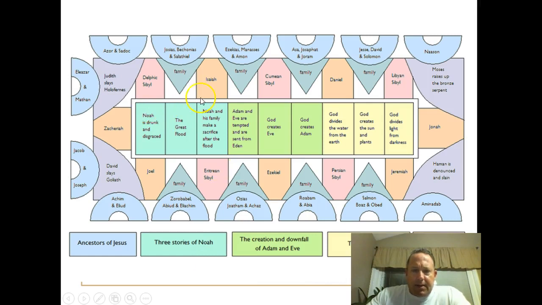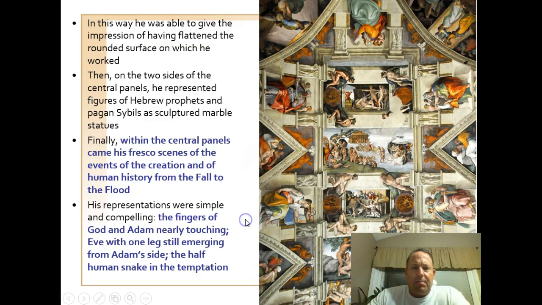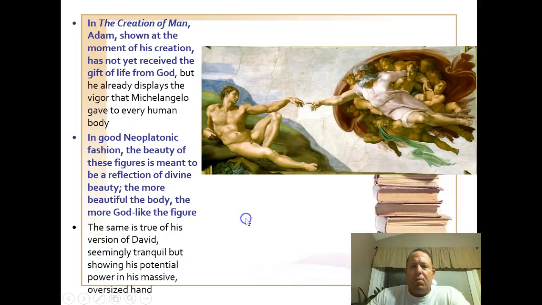You can freeze frame if you want to look, and you can look this up. These are the actual scenes, the people that are in that painting. So this is the spark of life, an interesting way that he's depicting God giving Adam life. Their fingers are touching. Again, Neoplatonism here, the beauty of Adam.